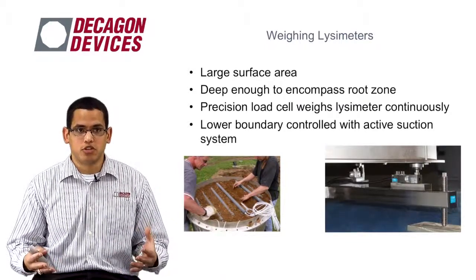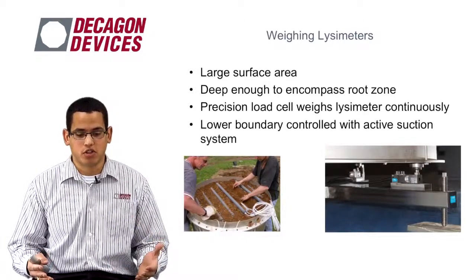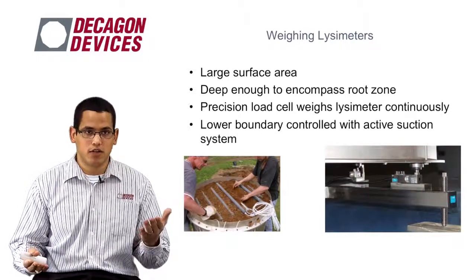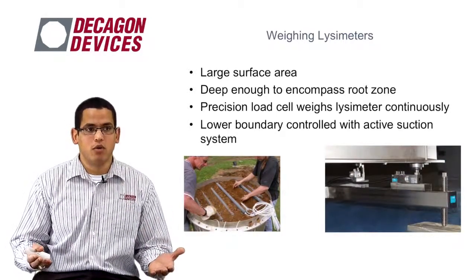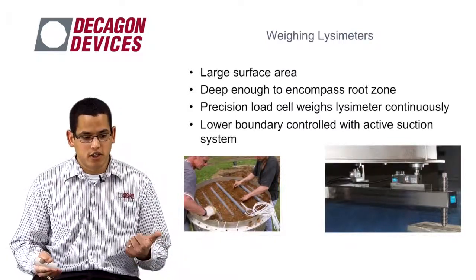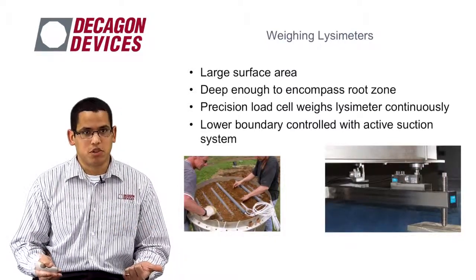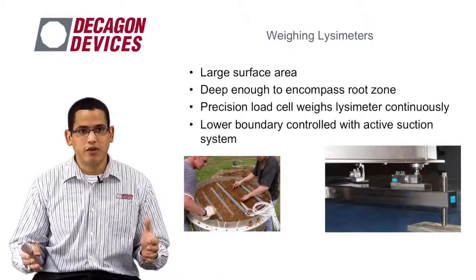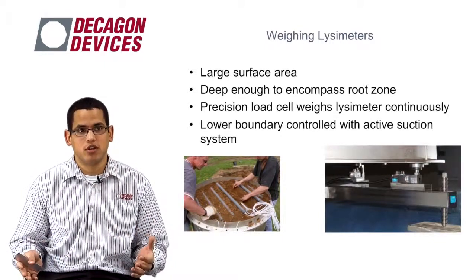And then the lower boundary is controlled with active suction, just like with a controlled tension lysimeter. So by combining these two measurements, the active suction being controlled at the lower boundary and the weight measurement, it gives us the deep drainage measurement along with the total water storage, allowing us to calculate evapotranspiration.